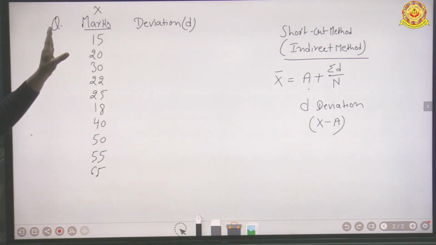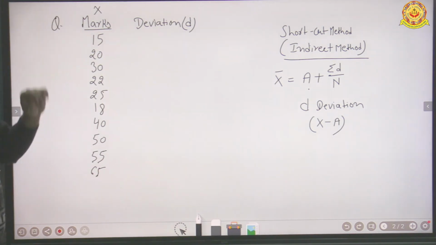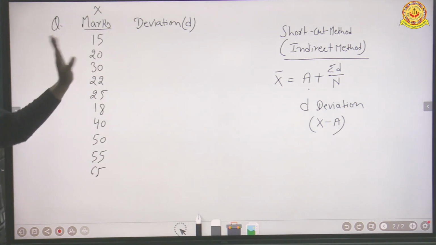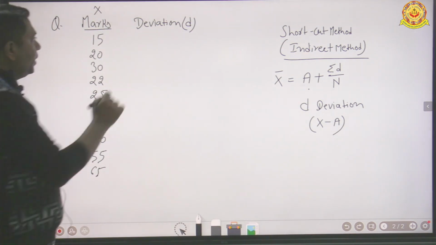Now the first item, 15: 15 minus 40 is minus 25. The values can be negative or positive numbers. So minus 25.